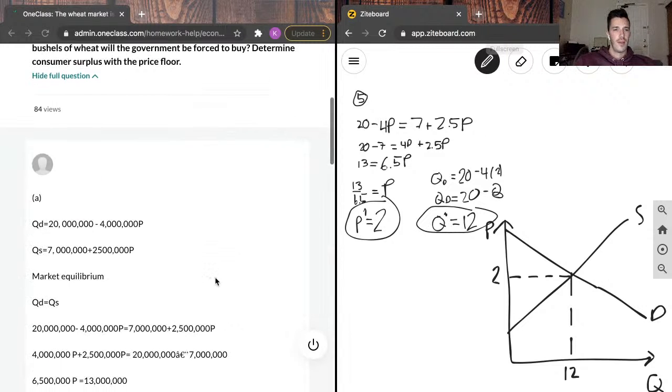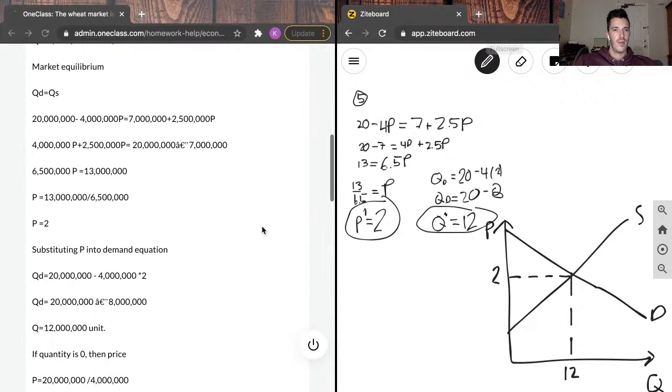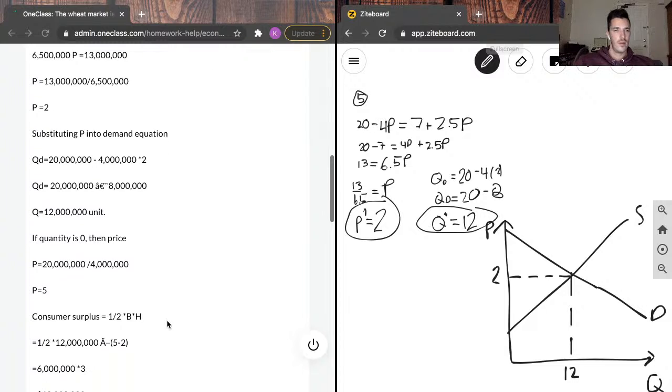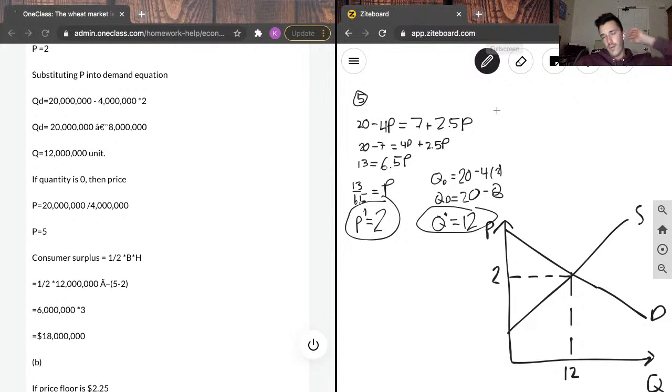I think we're going to have to rearrange these equations for P now. So isolating for P, we've got Q equals 20 minus 4P, and say 4P equals Q minus 20. I'm not going to go through the math.